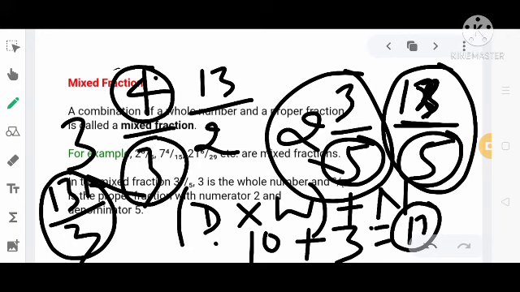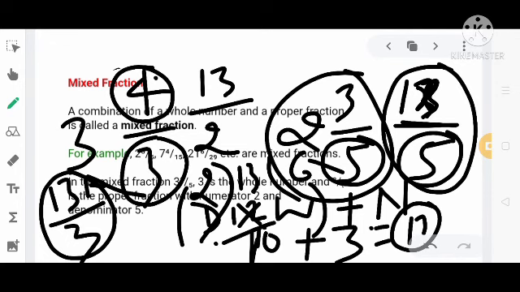How will you represent it? Divide the numerator by the denominator. Divide 13 by 2. If you divide 13 by 2, you will get 2 6s are 12, so the remainder will be 1 and the quotient will be 6. Then the denominator will always be the same, so it will be 2.